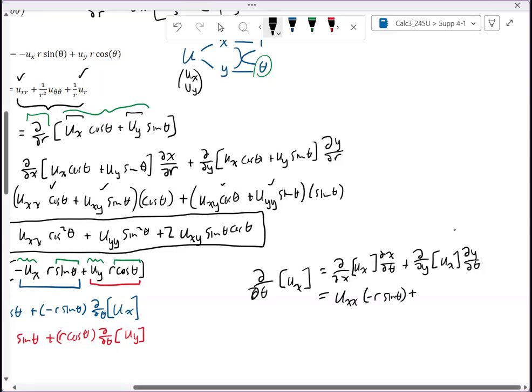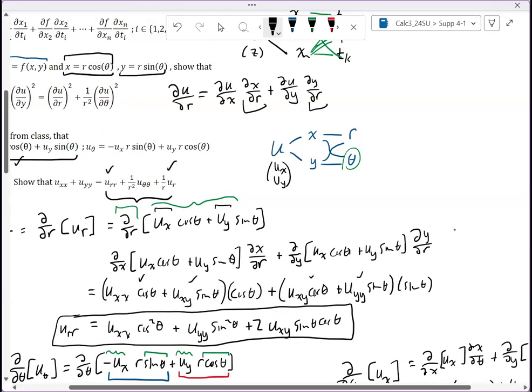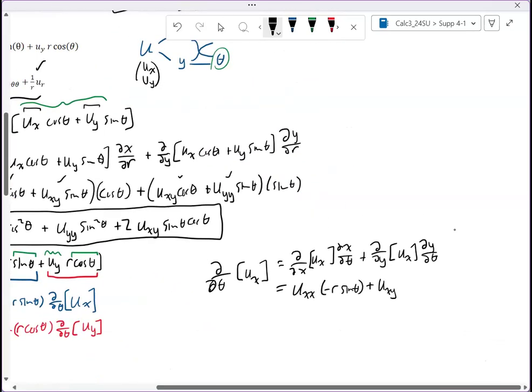And then plus partial with respect to y of ux is uxy times partial of y with respect to theta, r cos theta. So this is what partial with respect to theta of ux is.